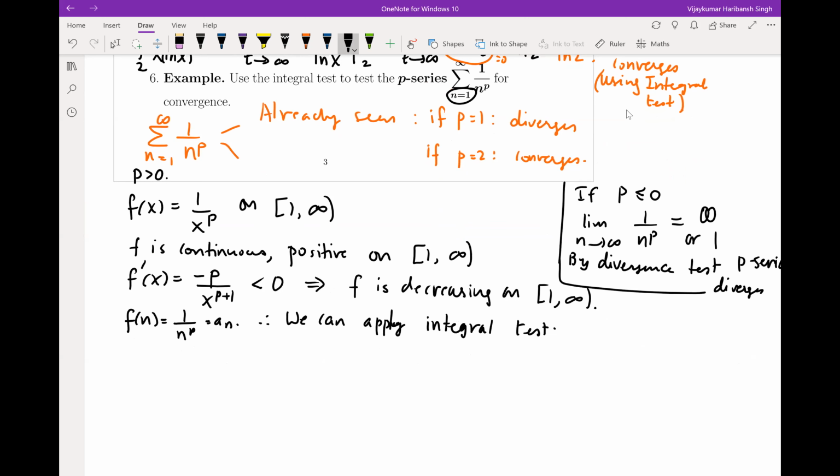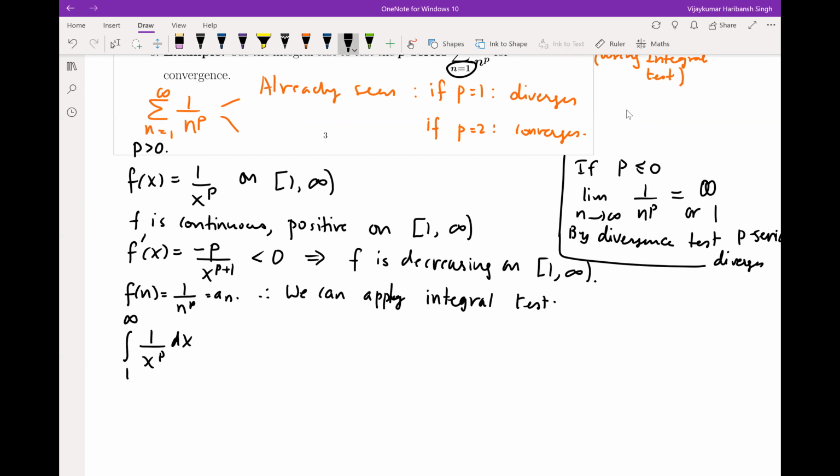So how do we apply the integral test? We need to find this integral of 1 by x to the p dx. Now, what about this integral? This integral is the same as the limit as t goes to infinity of the integral from 1 to t of 1 by x to the power p dx.